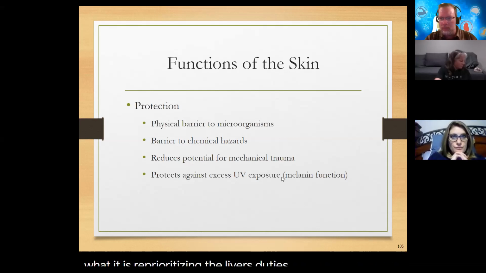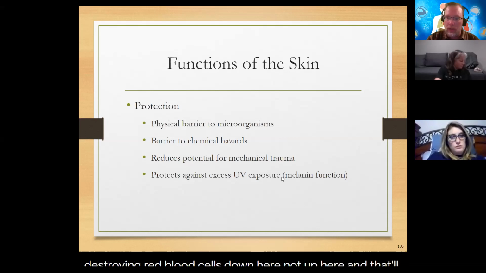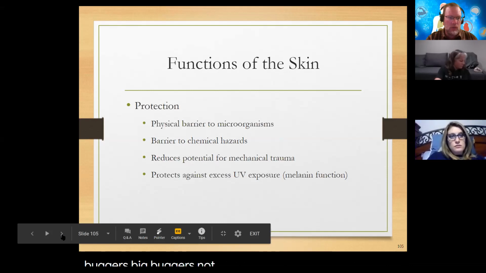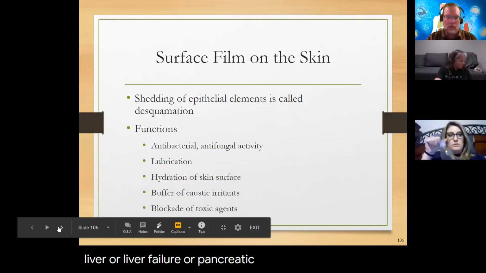We want it to be destroying red blood cells down here, not up here. And that'll cause the jaundice usually to go down in little buggers. Big buggers, not so much. It's usually an indicator of liver failure or pancreatic failure.